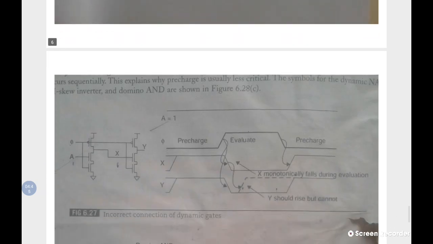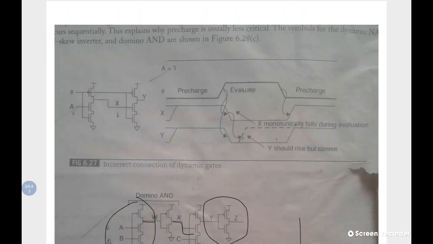We'll first see how the output varies when two dynamic gates are connected consecutively. See here, the signal A is taken as 1 and the clock signal phi is precharge, evaluate and precharge, and the first stage output is X. Whenever the clock phi equals 0, you need not look at the A signal, because A is maintained at the same high level.